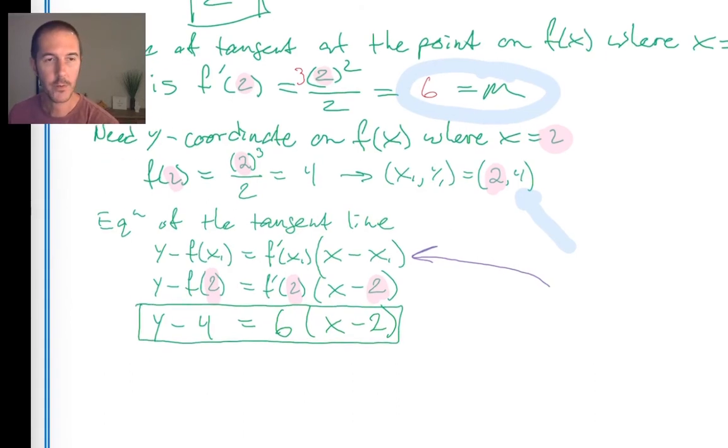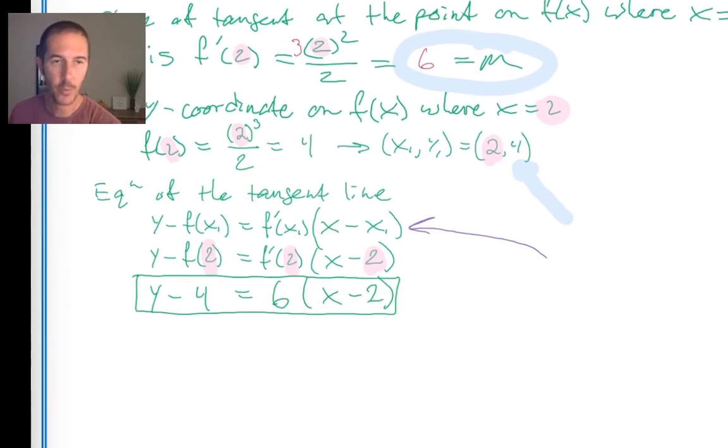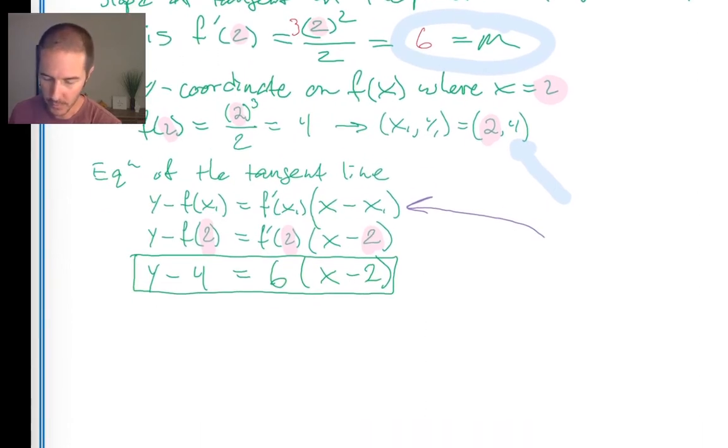We could convert this into slope intercept form by distributing our multiplication by 6 and then adding 4 to both sides. If we do that, we get y equals 6x minus 12 plus 4 is minus 8.